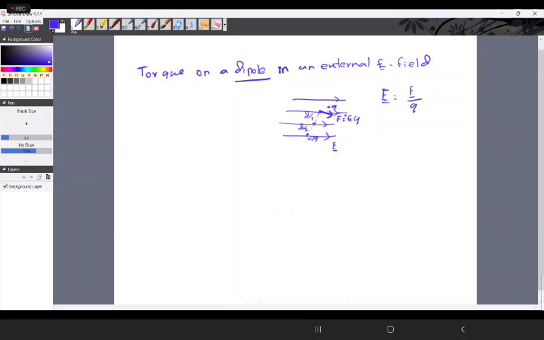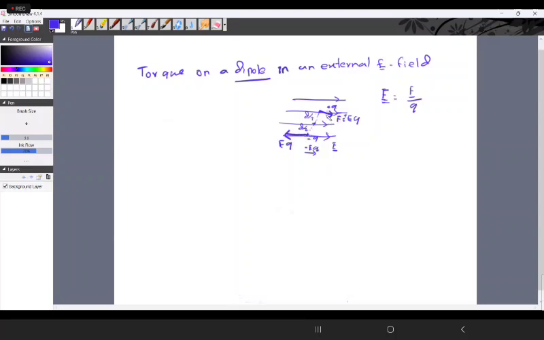Likewise, in this direction the electric field is here and we have a minus value, so the force will be equal to minus EQ in this direction. The minus means that direction will be opposite, right?